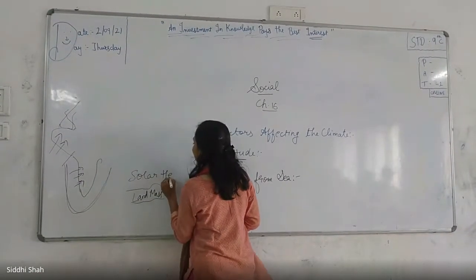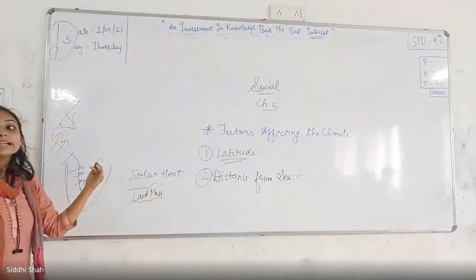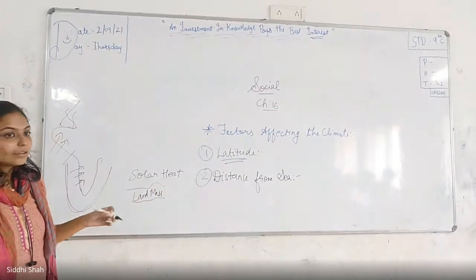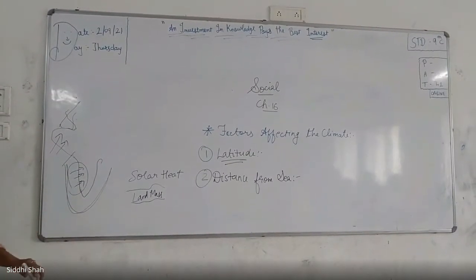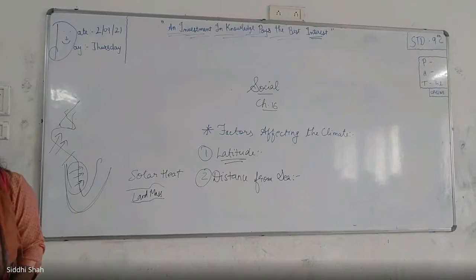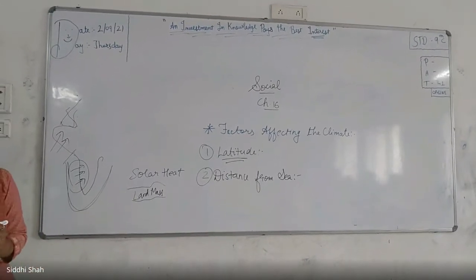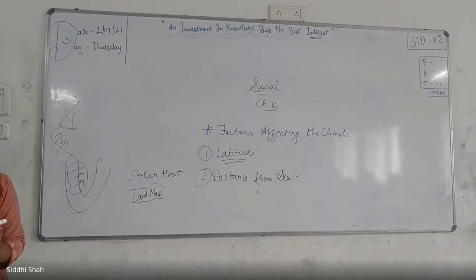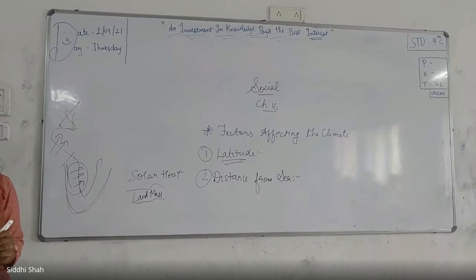Why? Because land will be getting heat too much. But when you are near to the sea area, water area, then there will be rainfall and cold. As a result, coastal regions, that is region near the sea, experience temperate climate, neither very hot nor very cold.